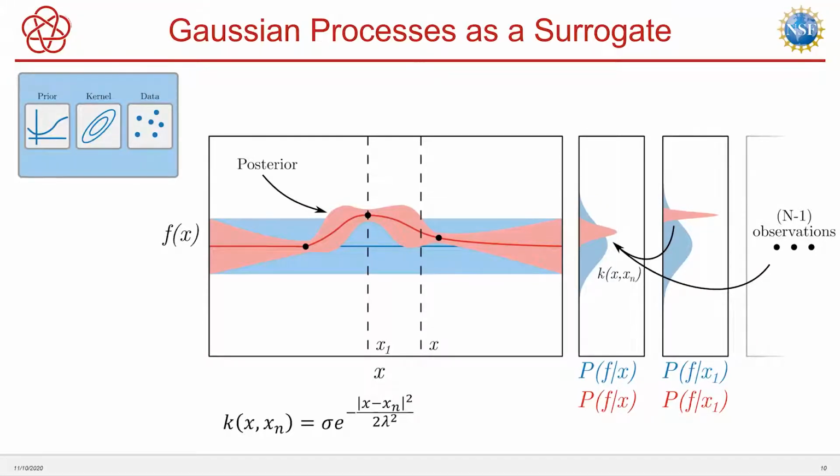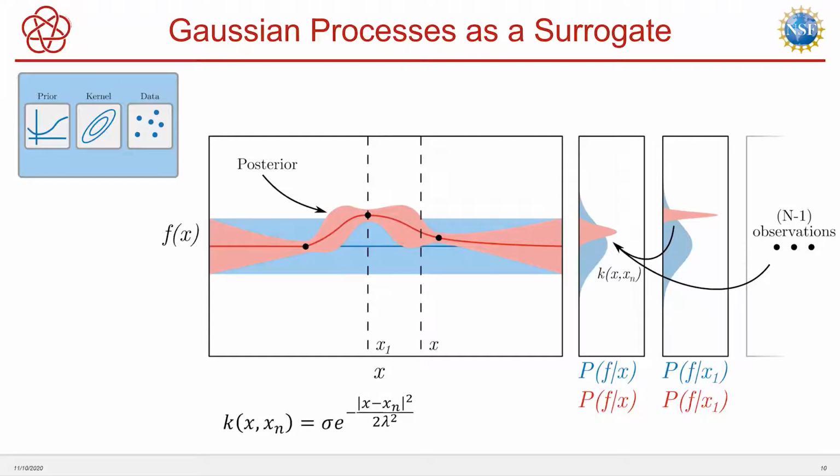Then we make observations at points in input space, represented by the black dots, that we use to update the probability distribution of the function value everywhere in input space, depending on a kernel, which we specify beforehand, that simply specifies the pseudo rate of change of the function value as a function of the length scale associated with where we are observing and where we are trying to make our predictions.